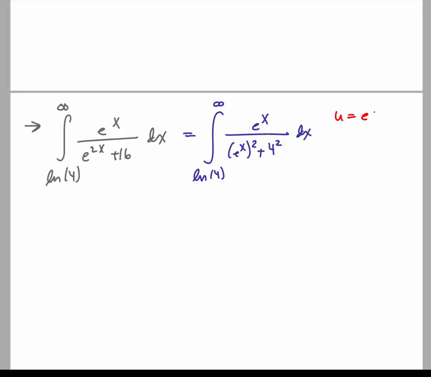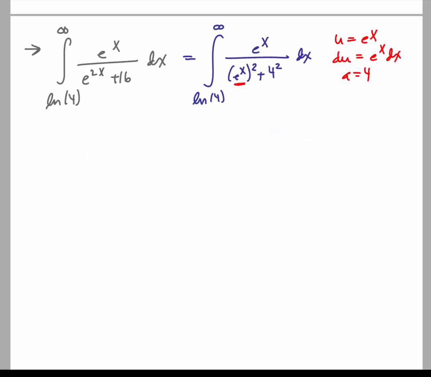So we'd let u equal e to the x, and it's really the e to the x down here that's in the denominator. du is e to the x dx, which is our 1 in the numerator, and a is equal to 4. So this fits the form of inverse tangent. This is going to be equal to 1 over a inverse tangent of u over a, where u is e to the x, and this is what I want to evaluate from the natural log of 4 to infinity.